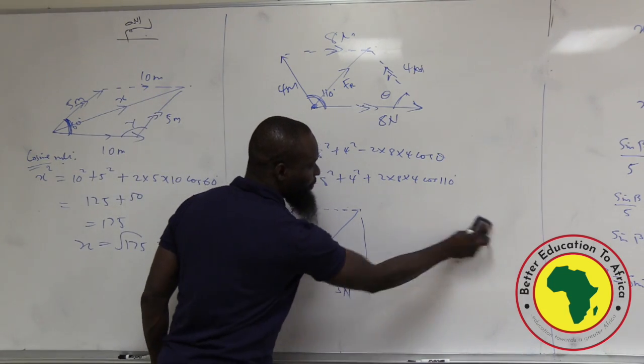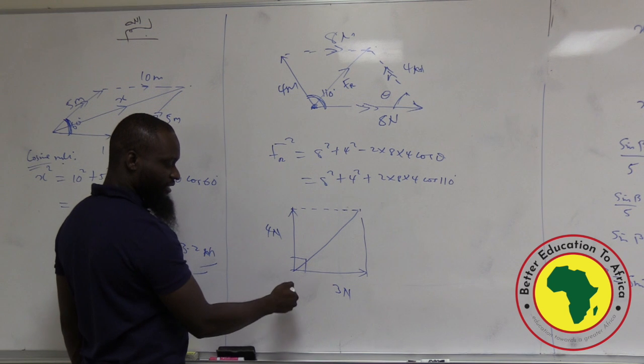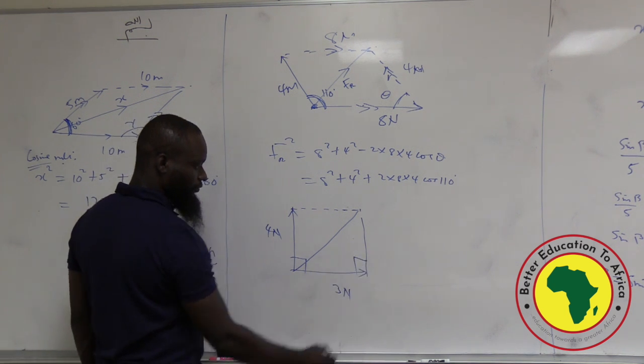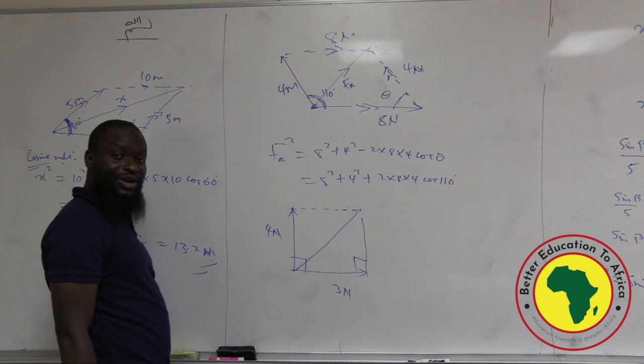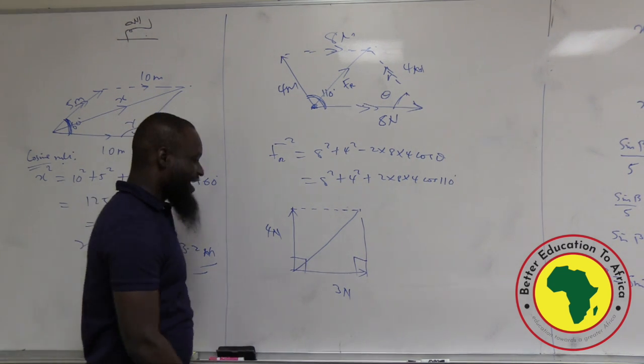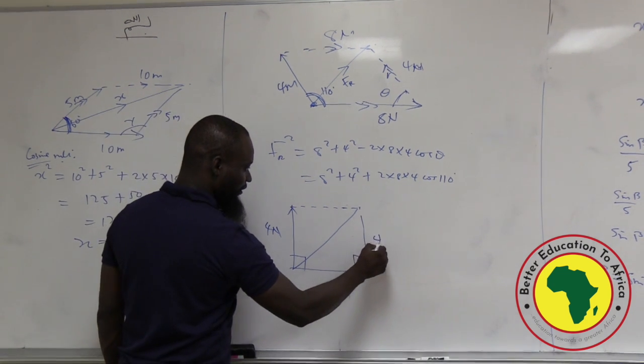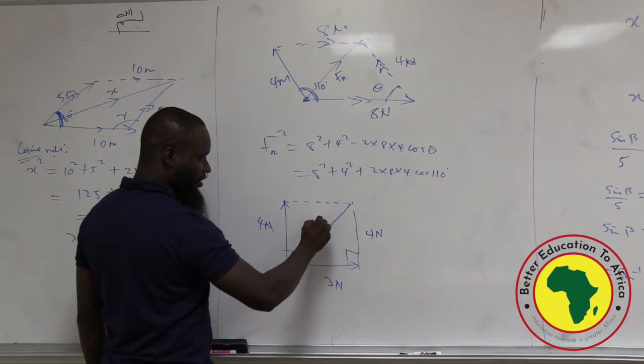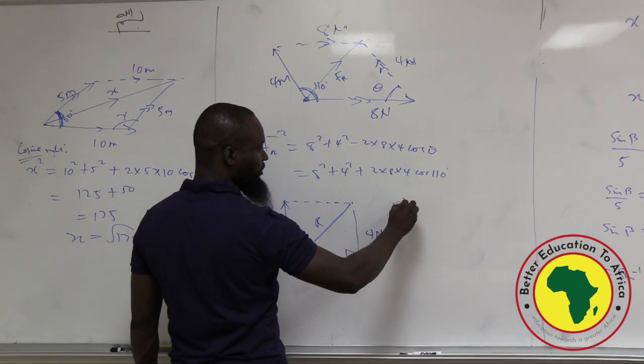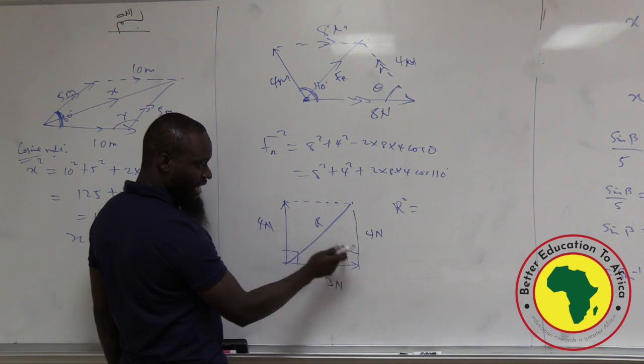So I said this is also the parallelogram law. How? Now I'm going to use the cosine rule. The Pythagoras theorem is actually the cosine rule. This is 3, this is 4. I'm looking for, let me call this, R. So R square, the angle facing R is 90 degrees.